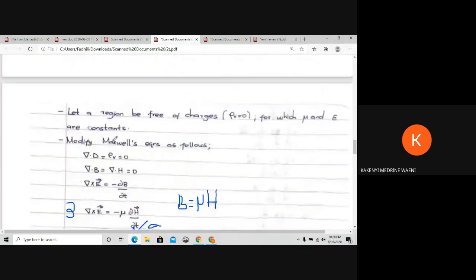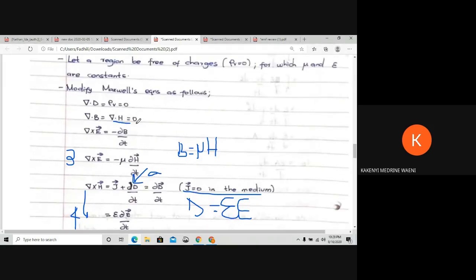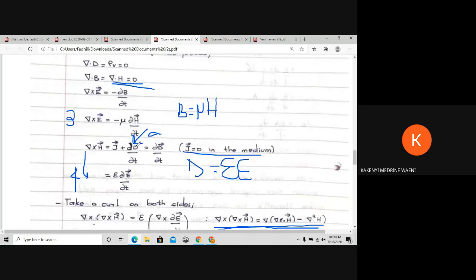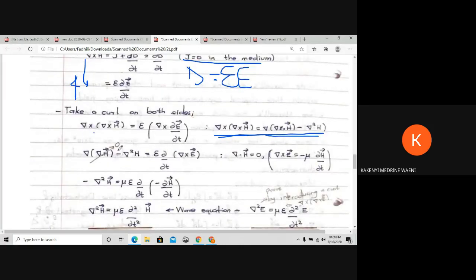Then remember from up here we said when you're modifying, this one is equal to 0. So here this one will go to 0. And we're going to minus the del squared of H is equal to, then you have this. So this comes out, then you're back with this and this.